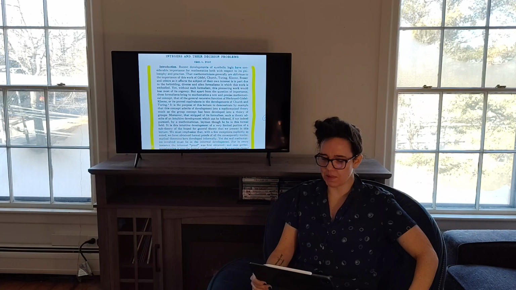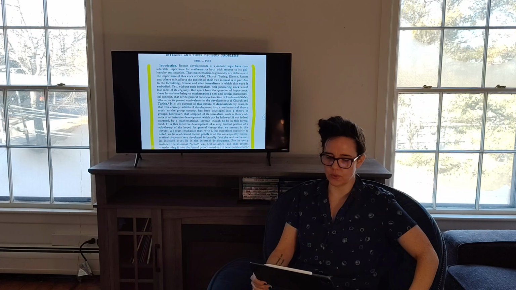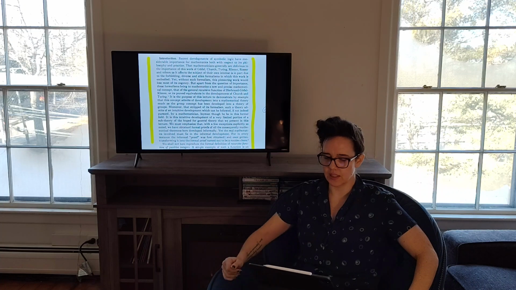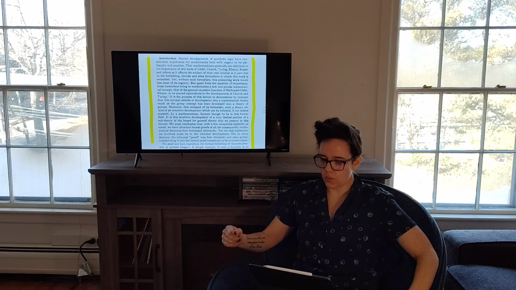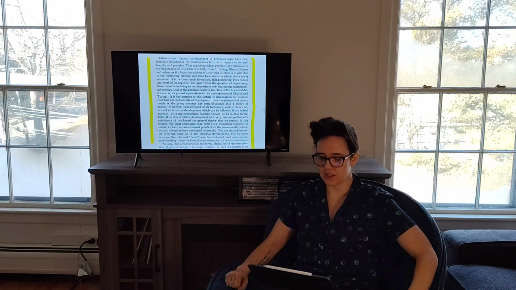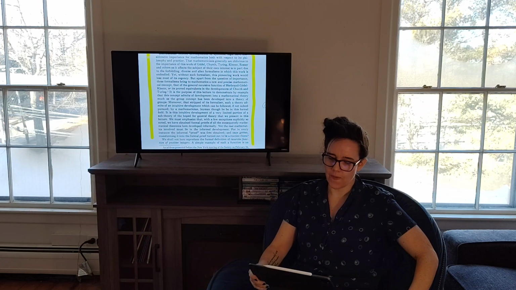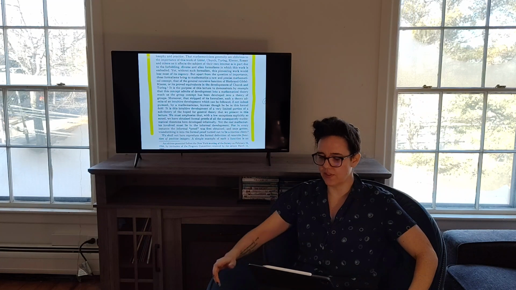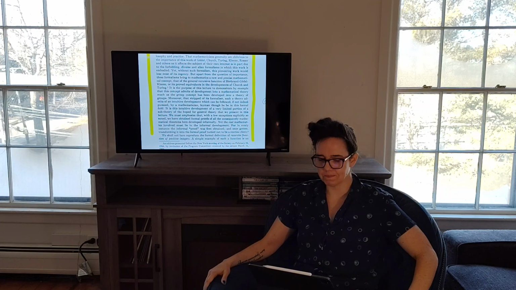Yet without such formalism, this pioneering work would lose most of its cogency. But apart from the question of importance, these formalisms bring to mathematics a new and precise mathematical concept, that of the general recursive function of Herbrand, Gödel, Kleene, or its proved equivalents in the developments of Church and Turing.